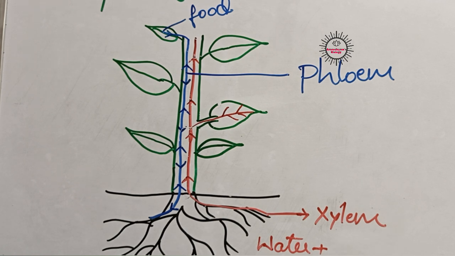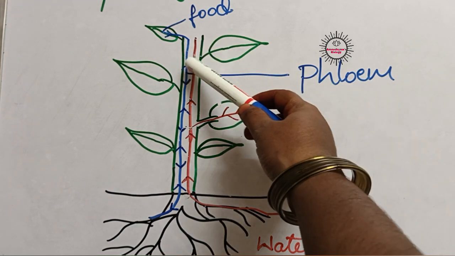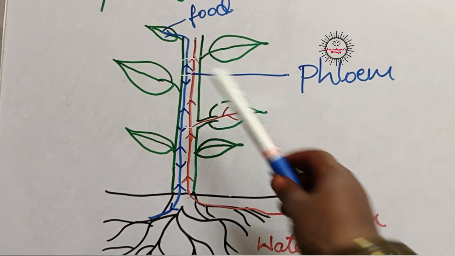We have seen that in transportation of water in xylem, root pressure and transpiration are useful, isn't it? Here in phloem, how does the food material translocate? Take this part of phloem.